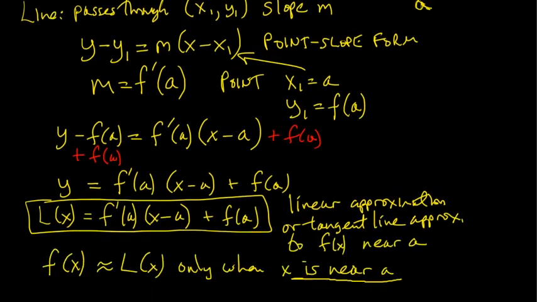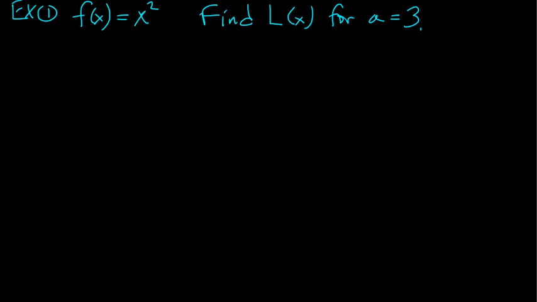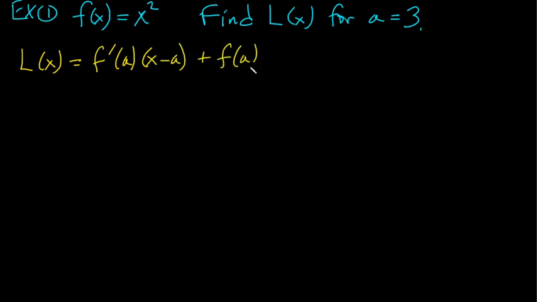Okay, so let's look at an example. Again, I'll start with a simple one. Let's start with f of x is just x squared, and we want to find L of x for a equals 3. All right. Well, L of x is just f prime of a times x minus a plus f of a.